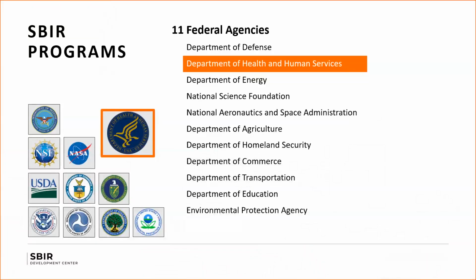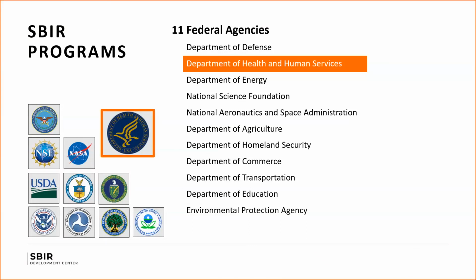Briefly, the SBIR and STTR programs are congressionally mandated programs. So NIH is not the only agency that has an SBIR program. There are actually 11 federal agencies. NIH is part of the Department of Health and Human Services. And so the SBIR program for the Department of Health and Human Services does cover more departments than NIH, but predominantly it's NIH in the SBIR program in HHS.